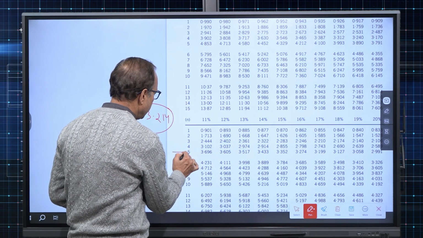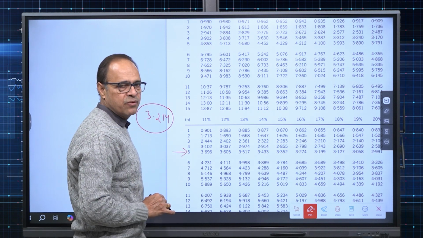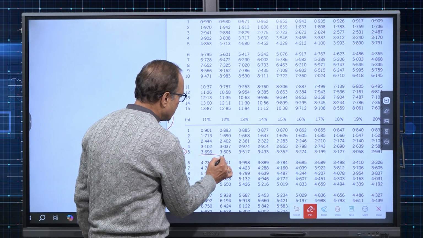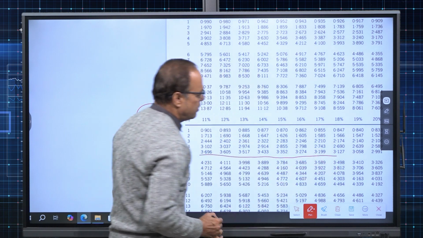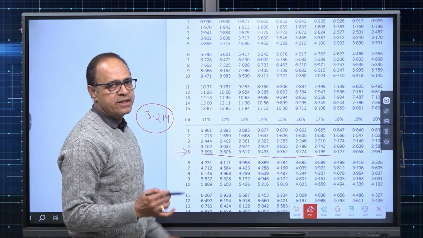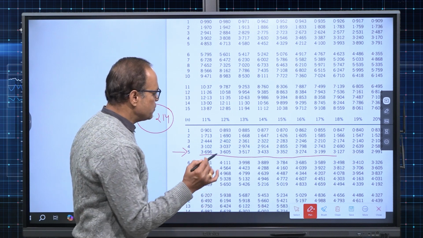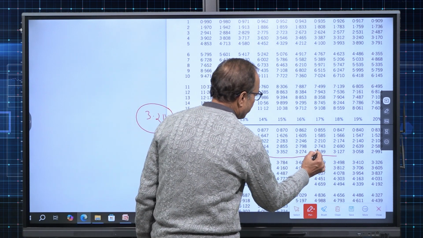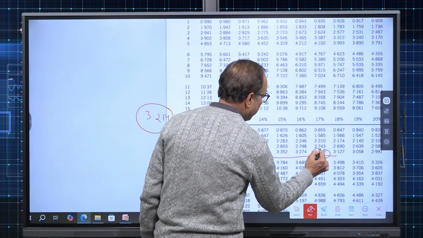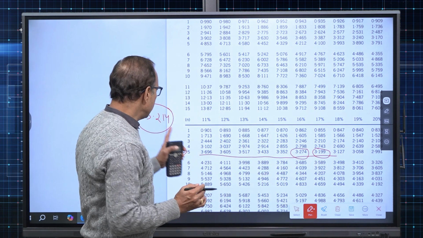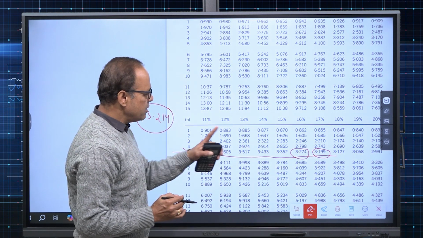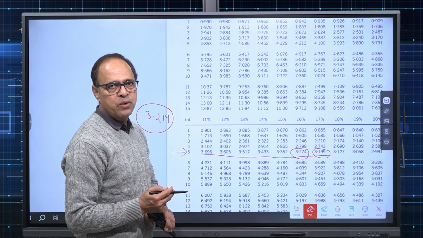This is your 5th year row, n is 5. Keep on moving in this particular row, and somewhere you will find 3.214. Exactly, I said you will not find, but you see the closest factors are 3.199 and 3.274. That is one above 3.214, another below 3.214.